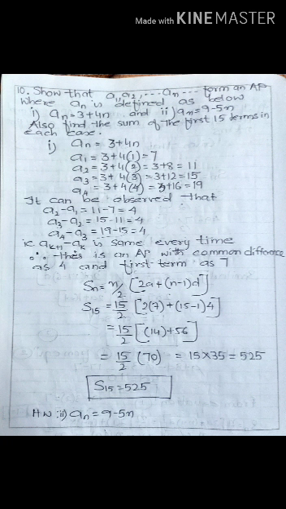So we get 15 by 2 into (14 plus 56). So 15 by 2 into 70, that is 15 into 35, that is 525. So S15 equals 525. Now take the second one as homework.